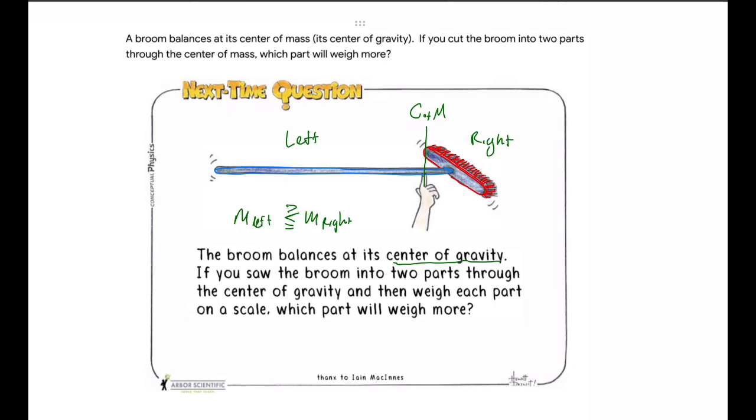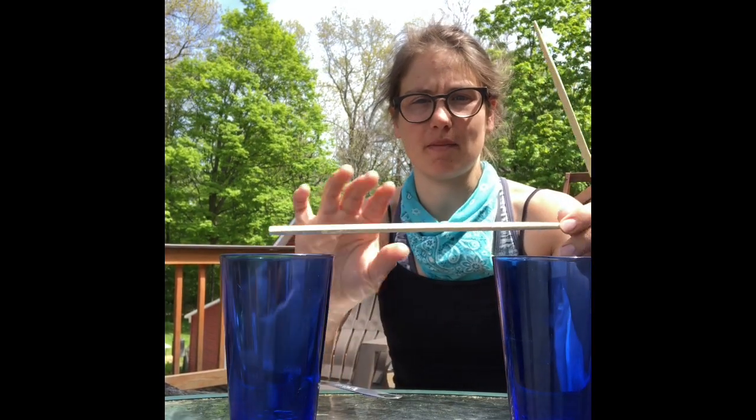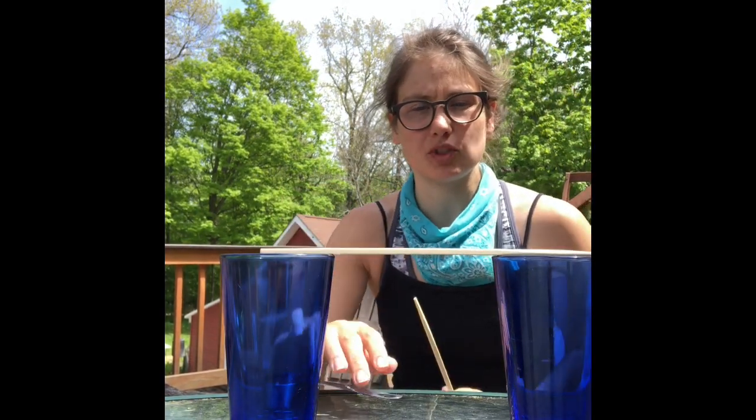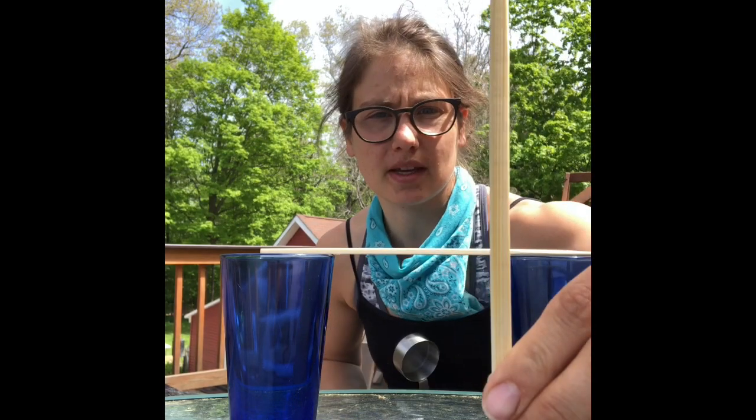Okay, I will give you a demo, but instead of using a broom, I'm actually going to use a chopstick. That'll be my long part, with a measuring cup hanging on the end. Okay, so I have a balance beam system that I'm going to set up. I have my 2 supports and a chopstick for a balance beam. Now, I have a measuring cup, a 1/4 cup measure, and that weighs a lot more than this chopstick.